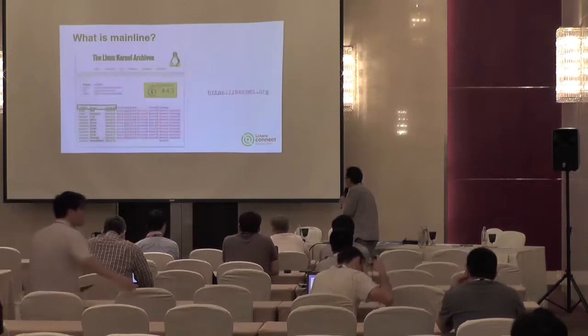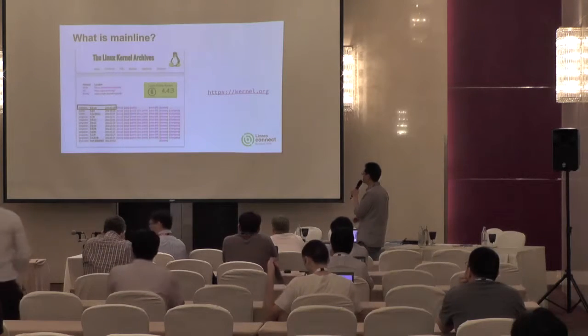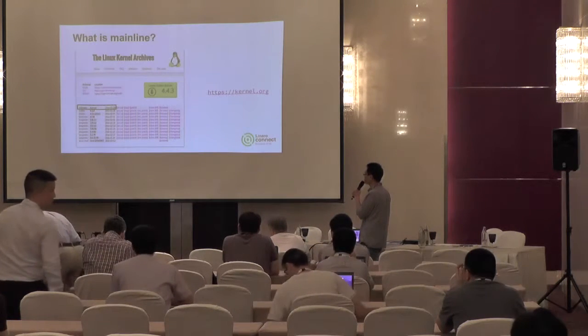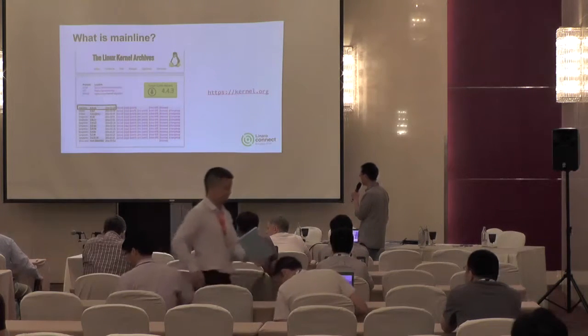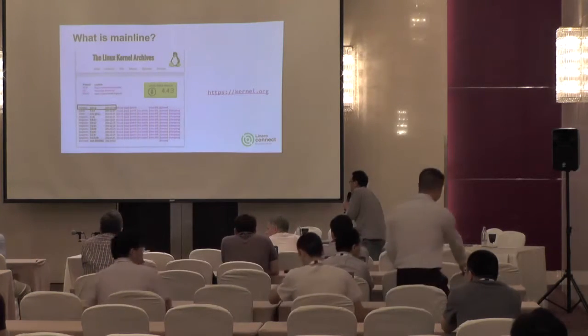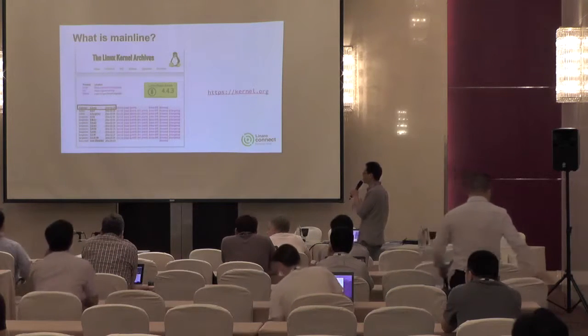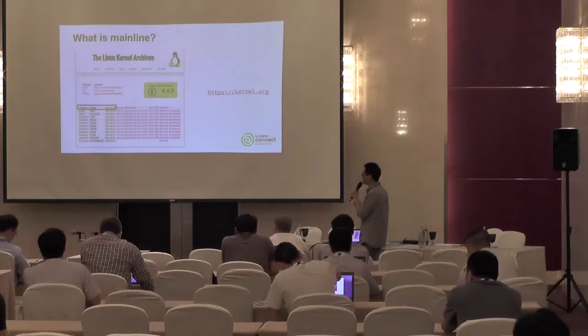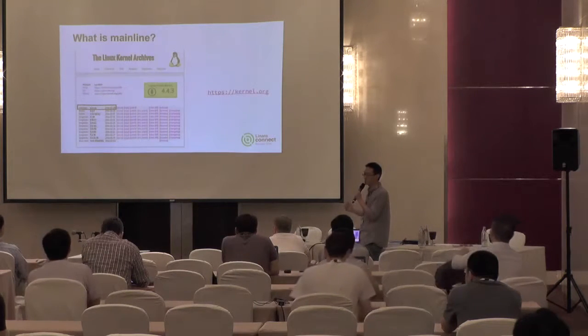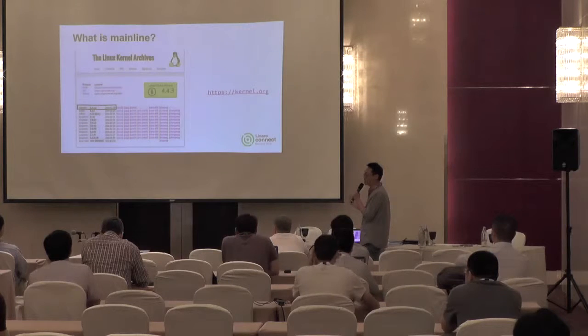If we access the website kernel.org, we can see it is tagged as the mainline kernel. There are other versions of the kernel, but the mainline kernel is maintained by Linus himself, because there are other maintainers in the community.